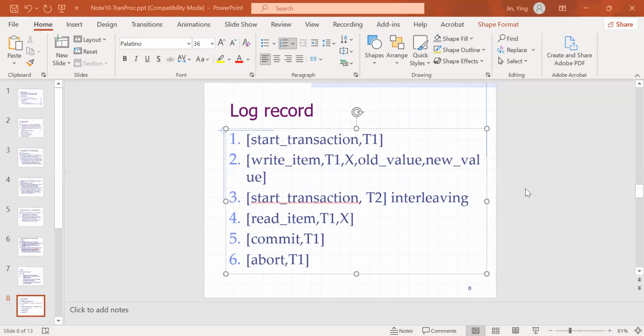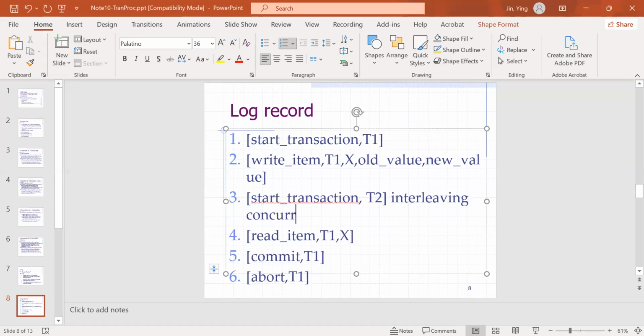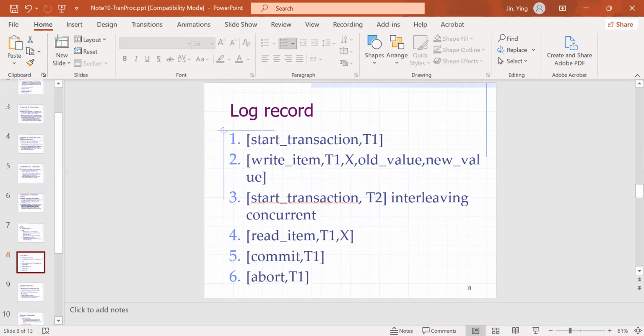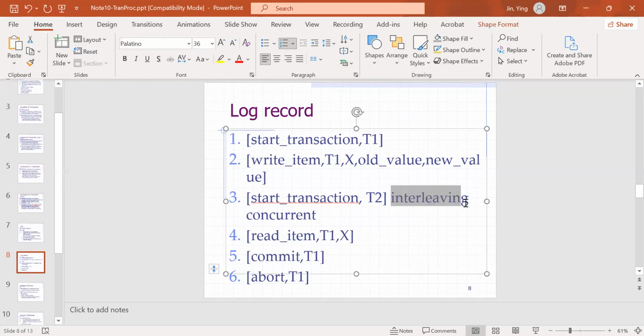In other words, when we talk about concurrency, that's interleaved concurrent execution. The concurrent execution can be parallel or interleaving, and when we do transactions, it's actually the interleaving one.